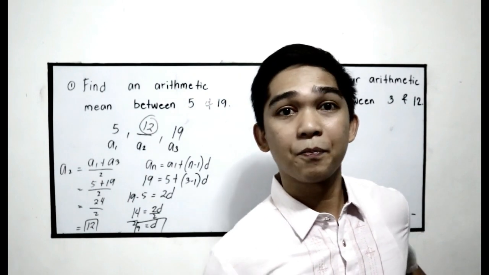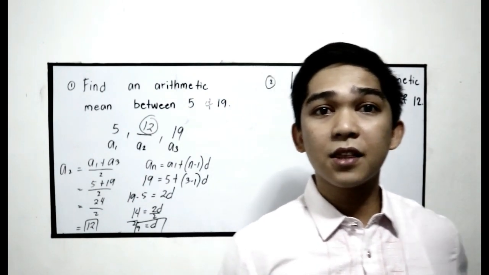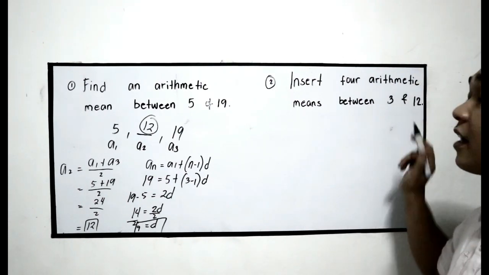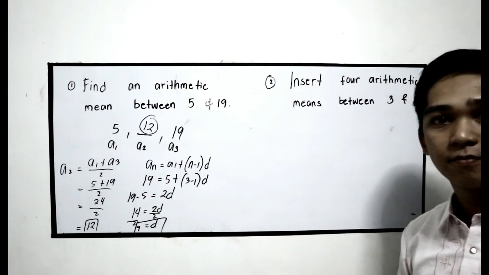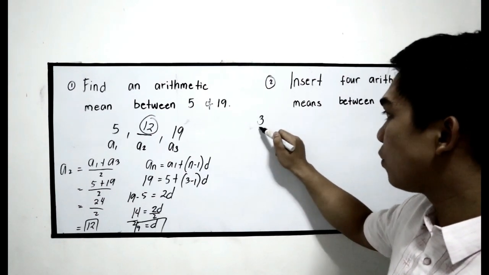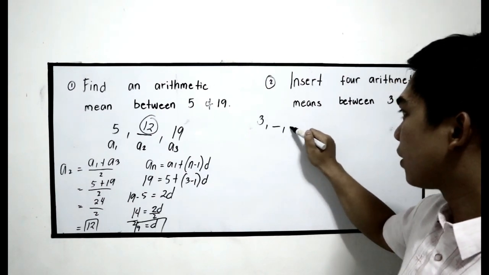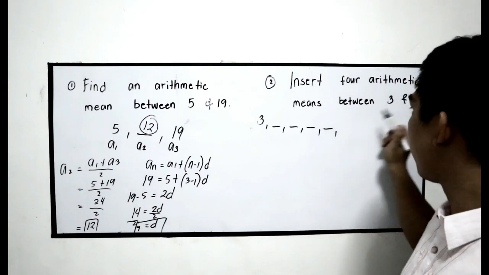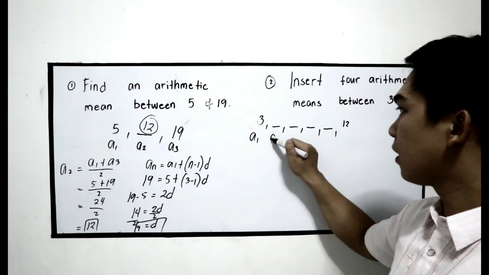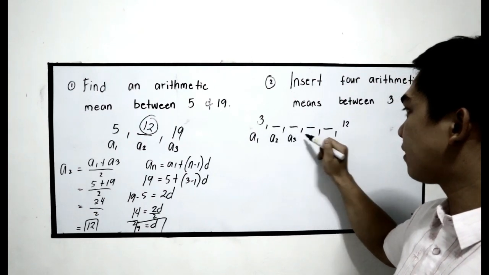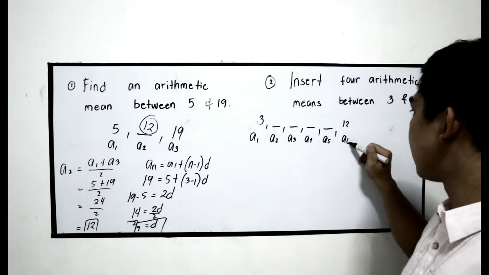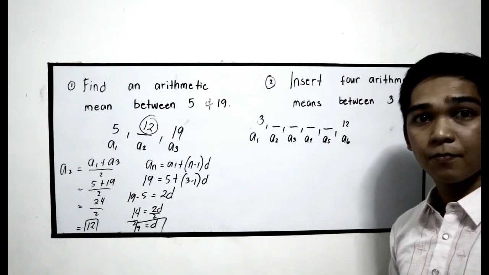Second example. Insert 4 arithmetic means between 3 and 12. Illustrate. A1 will be 3, then 1, 2, 3, 4, then 12. This will be A1, A2, A3, A4, A5, and A6.